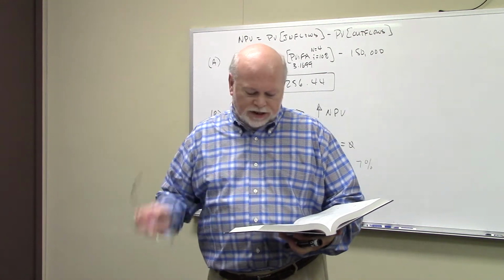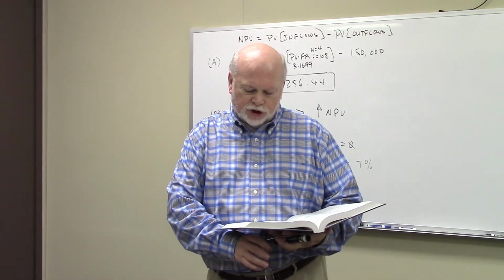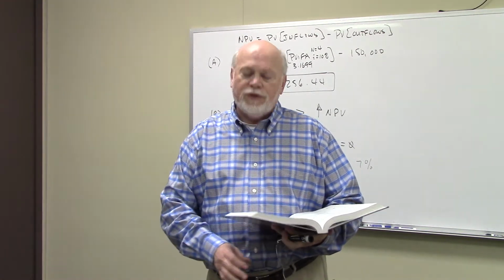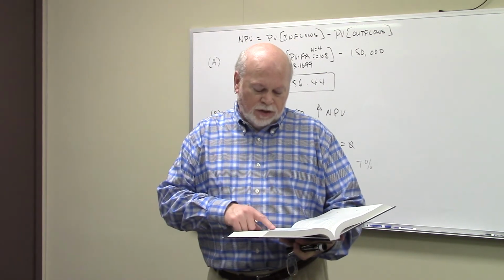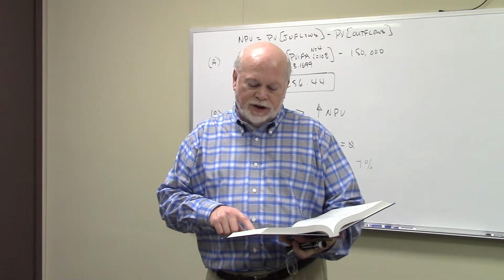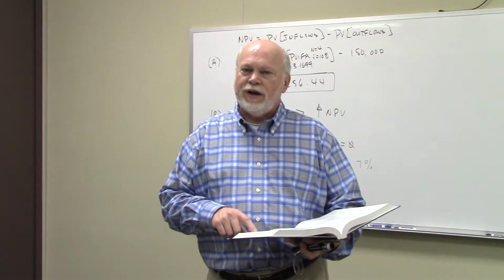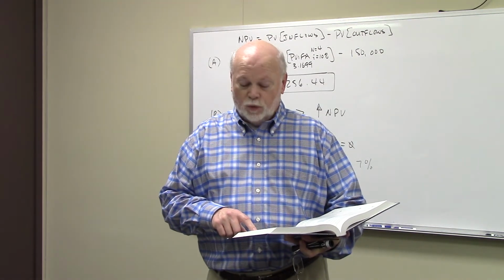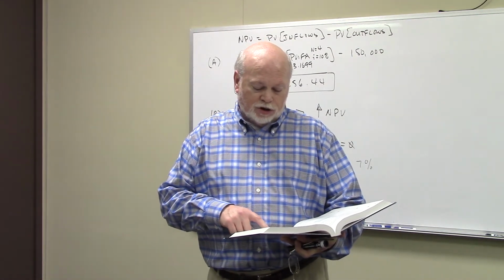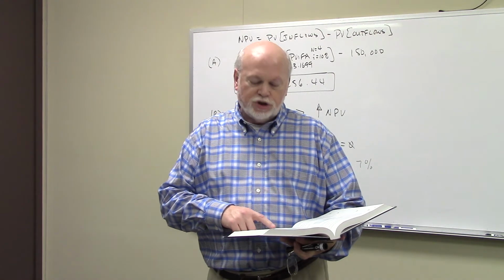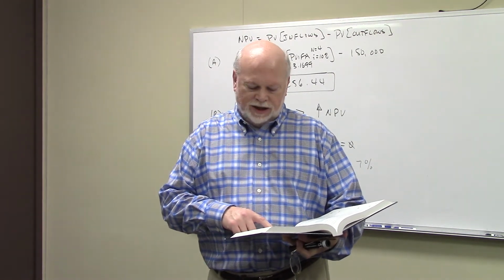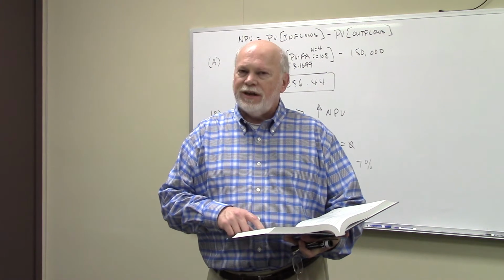Now, this problem reads like this. A firm can purchase new equipment for $150,000. The equipment generates annual after-tax cash inflows of $44,400 a year for 4 years. A part, determine the net present value of the equipment, assuming the firm has a 10% cost of capital. Is the project acceptable?